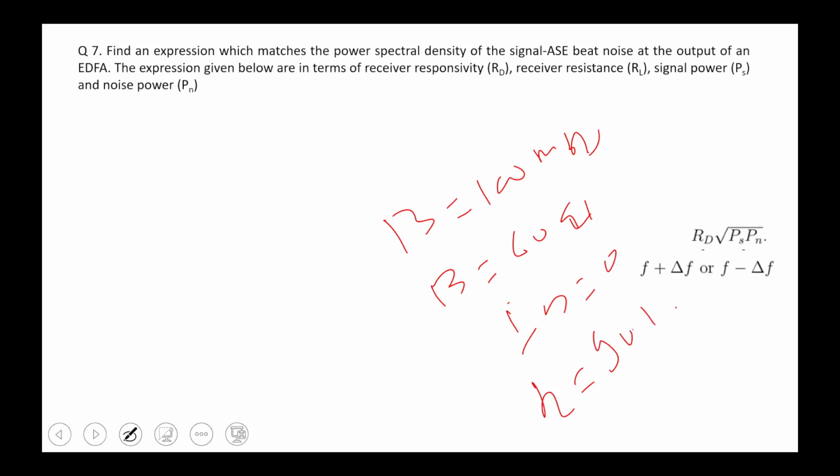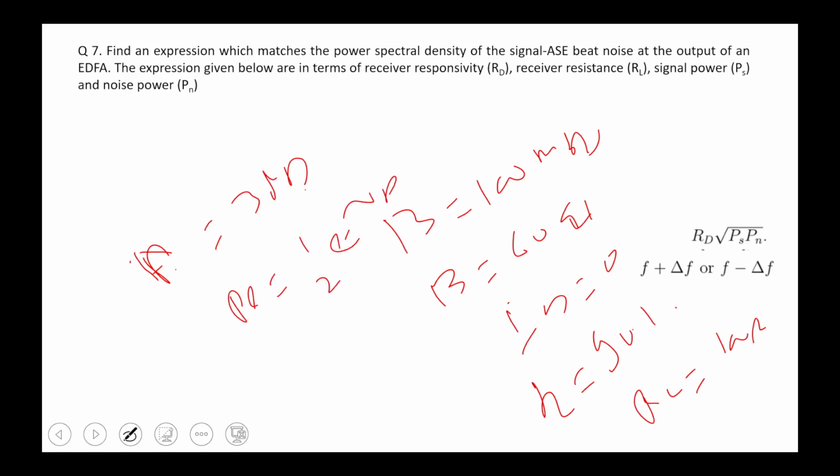The load resistance RL equal to 100 ohm. Amplifier noise figure is 3 dB. Find the final receiver sensitivity for a bit error rate of 10 to the power minus 9. That formula I previously explained, that P equal to 1 by 2 into e to the power minus n P and that.